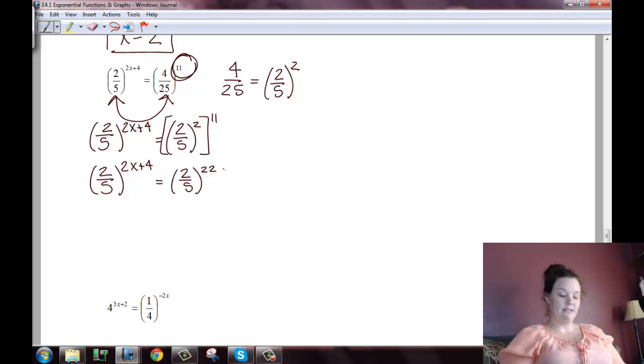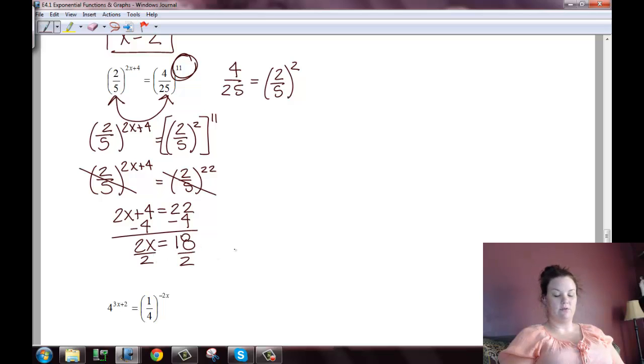And now they both have a base of 2/5, so I can drop the base and just set their exponents equal. So 2x plus 4 equals 22. I isolate my variable by subtracting 4, which gives me 2x equals 18, and then I divide off by 2, which tells me that x is equal to 9.